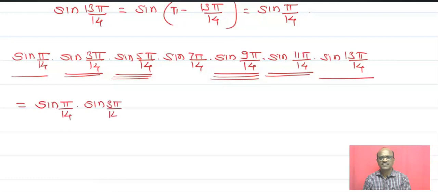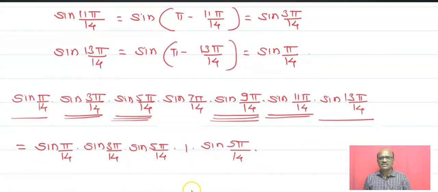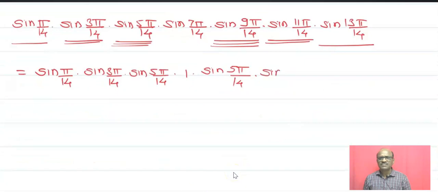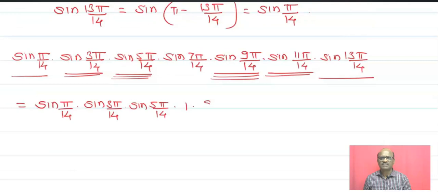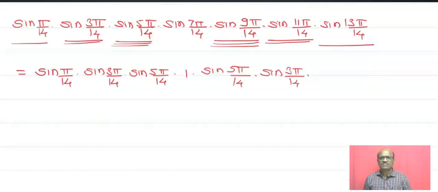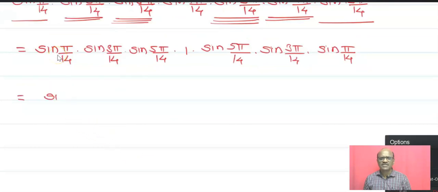We will write the terms: sine of 5 pi by 14. The value of sine of 7 pi by 14 is 1, and I am replacing the value. See this here, I am replacing the value here. Again, I will show here. These are the values, and these are their corresponding values.